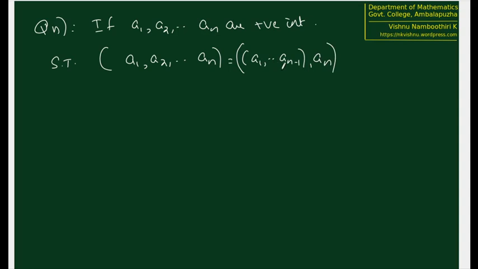That means find the GCD of all these n minus 1 integers, and if that GCD is D, then find the GCD of D and An. That will give the GCD of all these integers. This is left as an exercise.